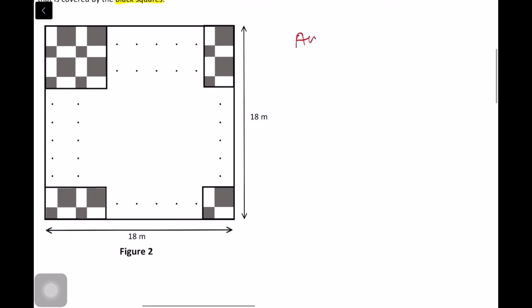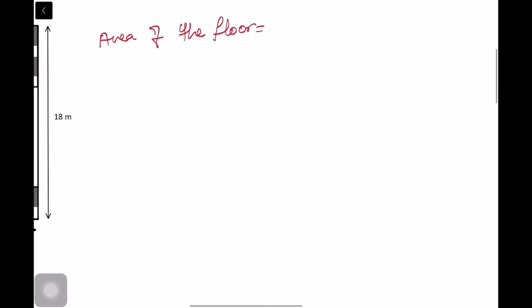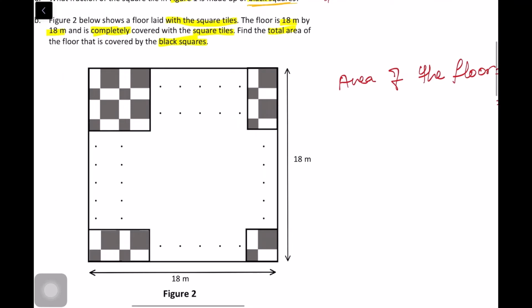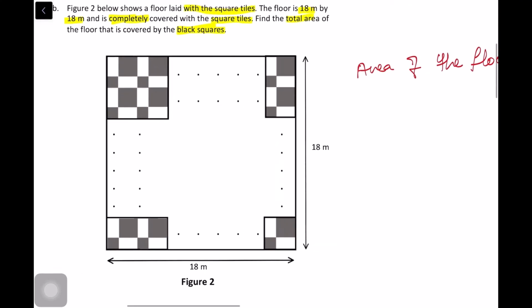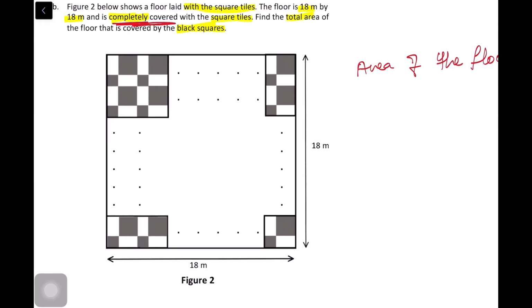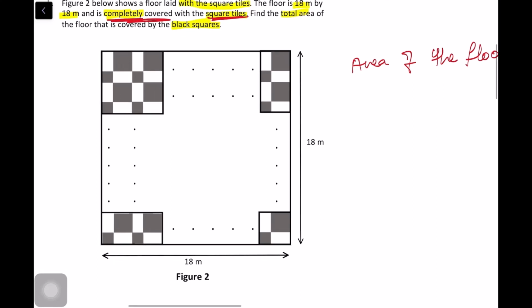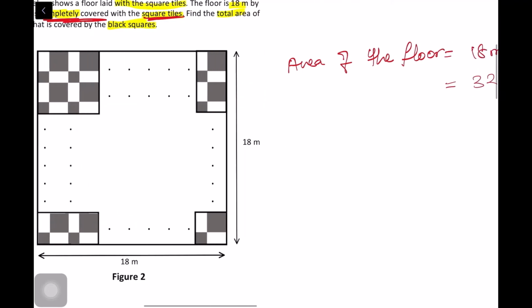So the area of the floor is 18 meters times 18 meters, which gives us 324 square meters. Okay, and if you see this, the square floor is completely covered with the square tiles, which means that there is no portion of the floor that is left uncovered.